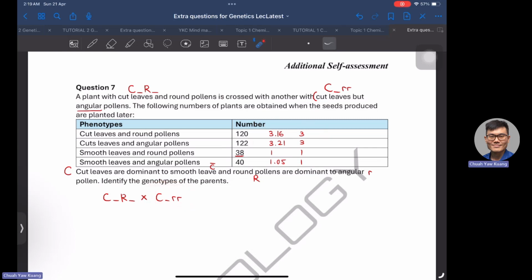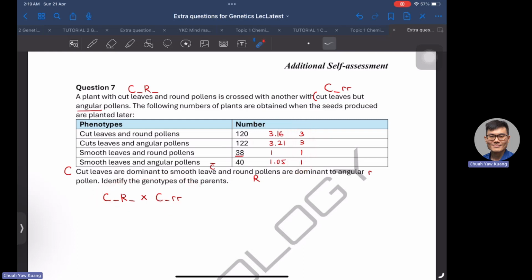You can jot this down as a tip: for a linked gene, in order to get this type of ratio, it must always cross with the homozygous recessive individual, or must do a test cross. Then only can they get this. Obviously this one is not a test cross.